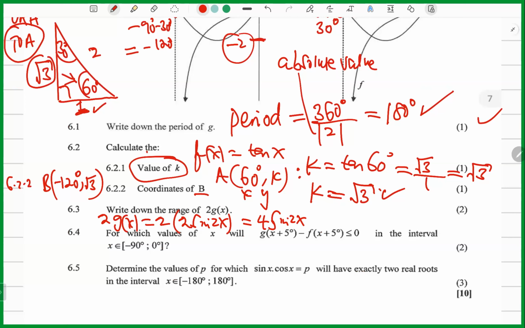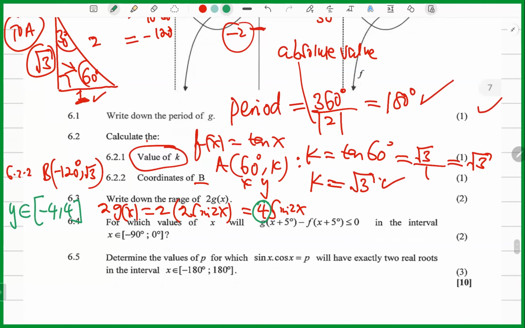So this is the range. So the range is, it's easy. How do you see the range? So the range is a set of y values. So it's going to be y element of. So you start from -4 to 4 because of this 4.